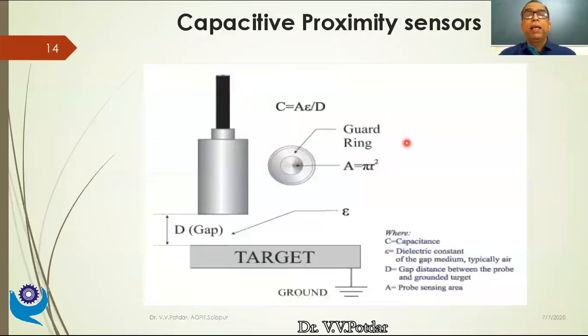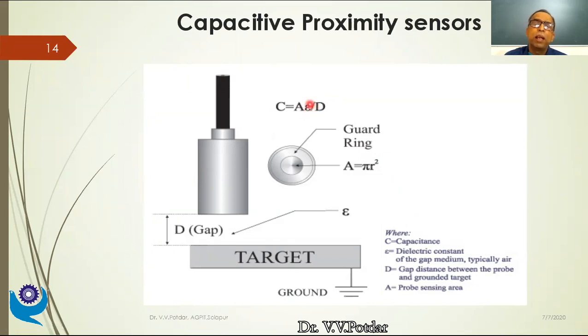Now let us quickly see the capacitive proximity sensors. Once again, these are meant for knowing whether there is some obstruction in close proximity. As you can see in this relationship, the capacitance, given in microfarad or farad, is a function of the area in contact and the dielectric constant.